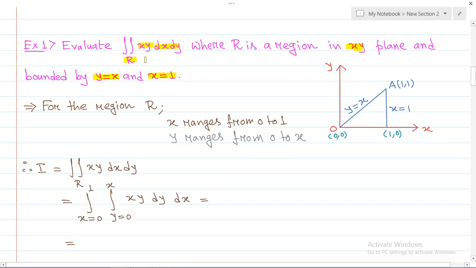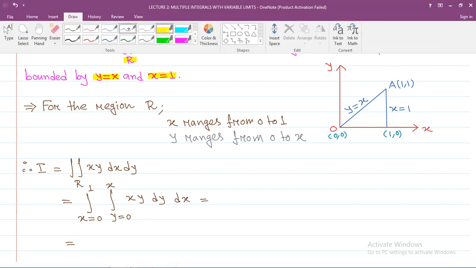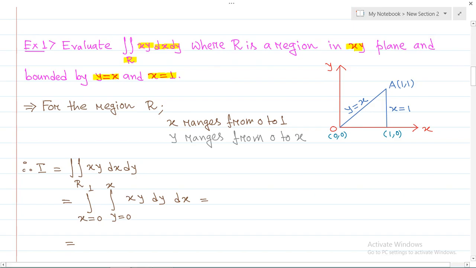Now remember, whenever the integration is given like this as dx dy, this order should not always be the same. As per the conventional rule that we learned in the previous video lecture, since dx is coming first, we would perform the integration with respect to x, and since y comes second, y is outer.